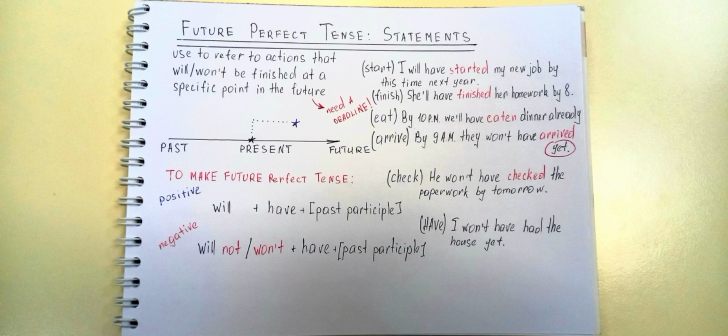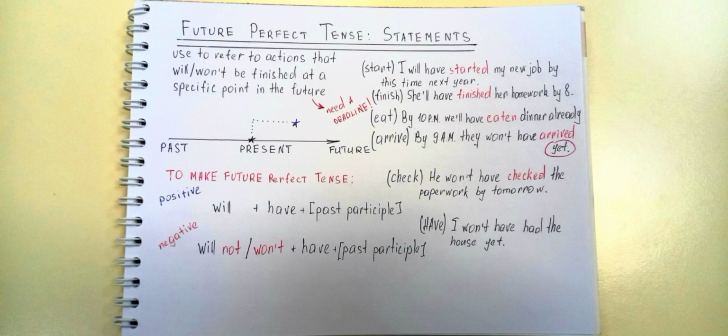And that means at this point in time, the action will be complete. I'll be done. The start action will have begun somewhere before that, and maybe I will be working. So by this time next year, I will have started my new job.